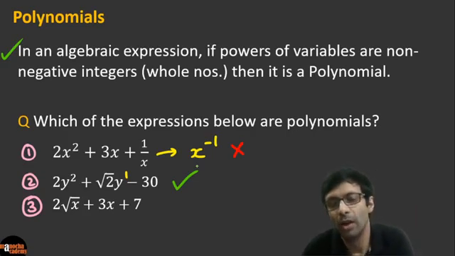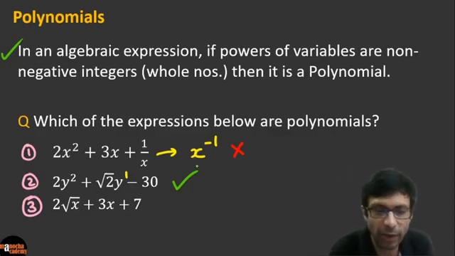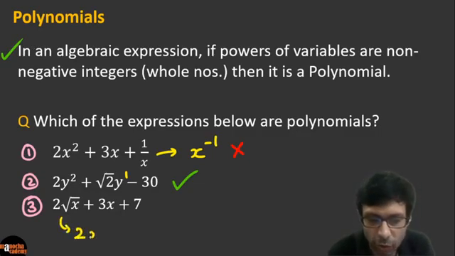Now take a look at 3 and tell me, is 3 also a polynomial? If you look at 3 carefully, the first term is 2 root x. Root x we can write as x to the power half.